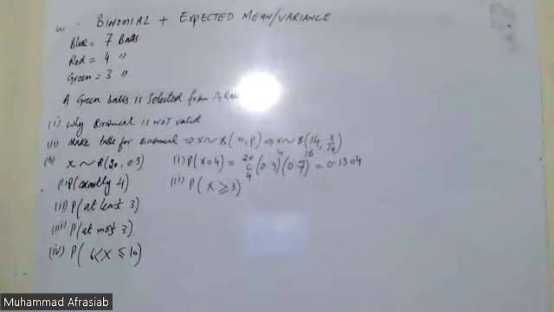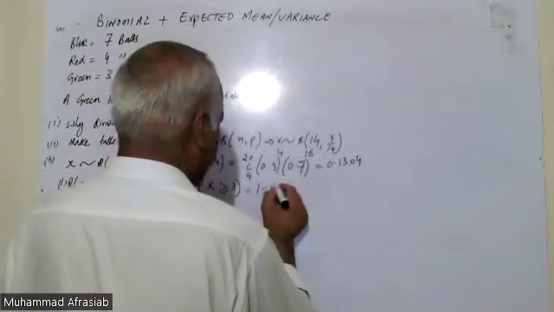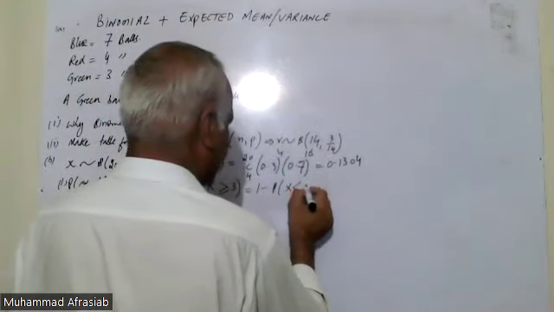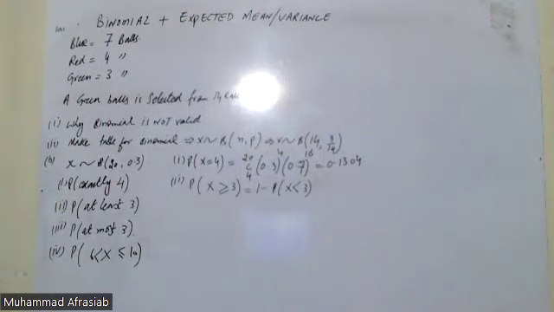Instead of doing all this, we can use 1 minus the probability of X less than 3. So you count the probabilities of 0, 1 and 2 and subtract from 1, which gives the total probability of at least 3.